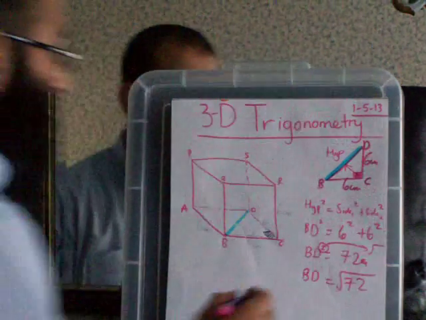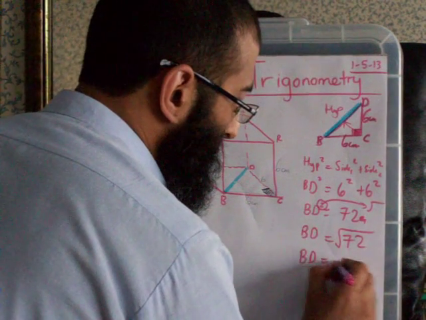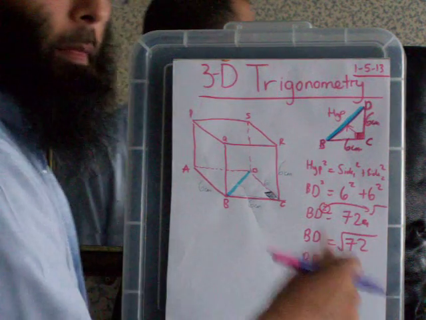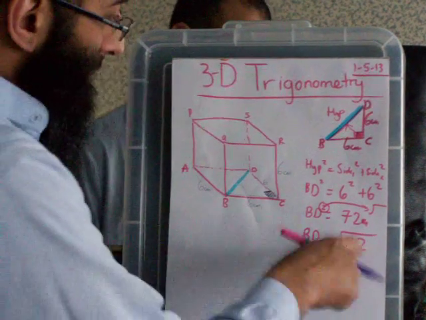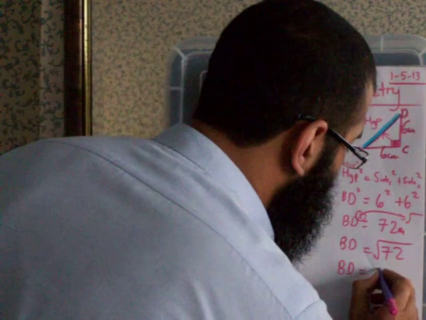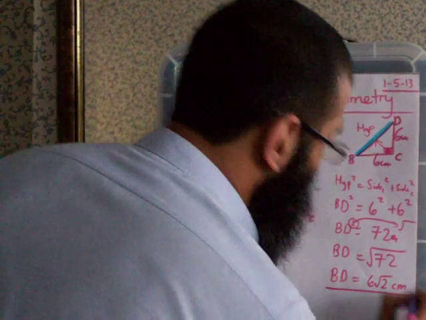Okay, now BD, what do we get for BD? 8.48. Does it give you first one as a square root number? Yes, like that, 6 root 2.